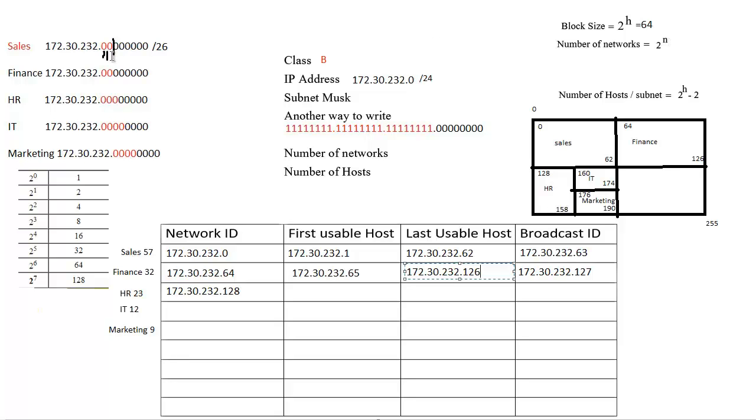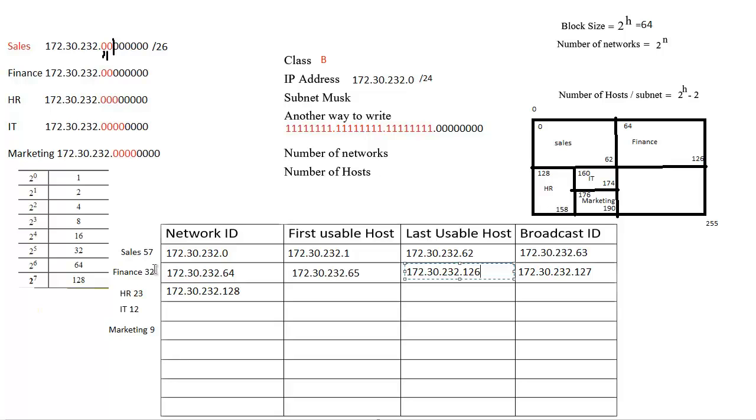Here we use 2 ones, 2 to the power 2 is equal to 4, so we get 4 networks. That's why I divide it into 4. The first portion I give to the sales department, and the next portion I give to the finance department.